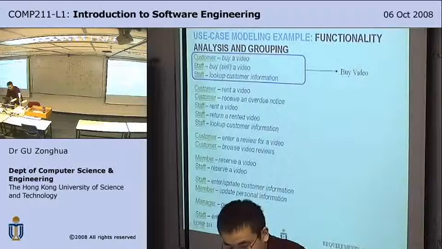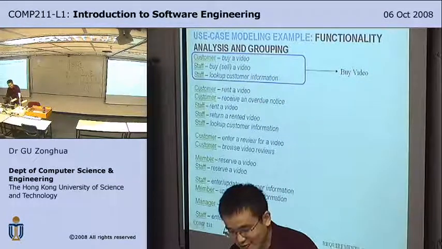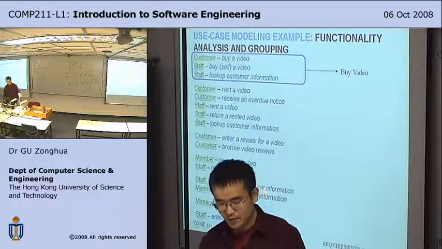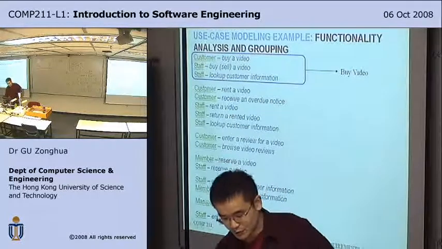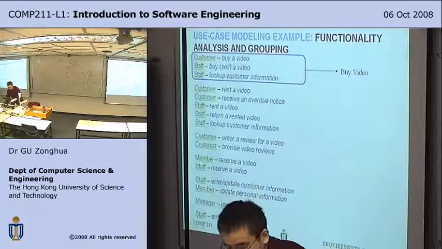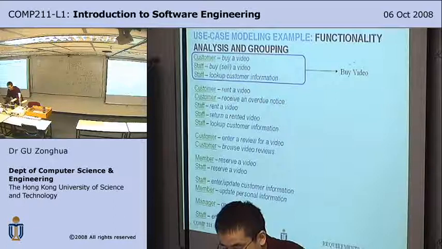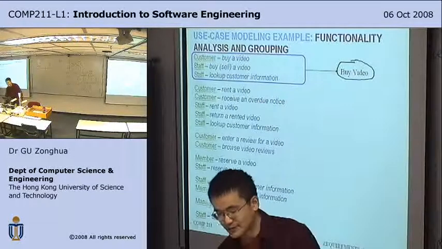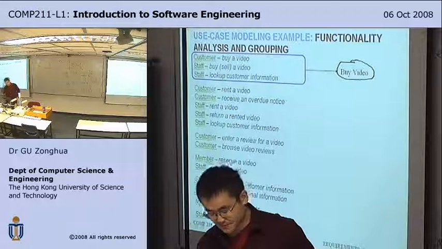Customer buy a video, staff sell a video, staff look up customer information in order to sell the video. So this is part of the buy video use case specified from the customer's perspective.